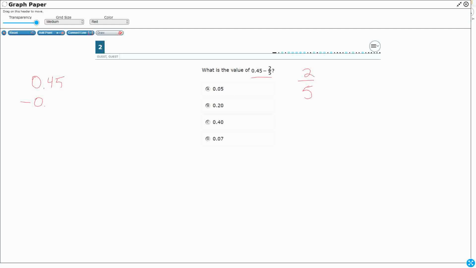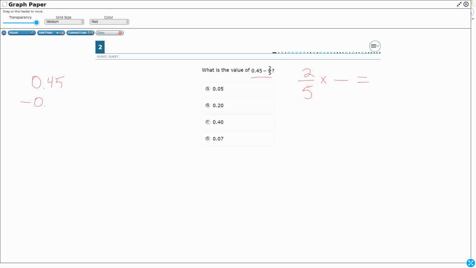If you can get into the habit, probably the quickest way to convert fractions into decimals is to look at the denominator and just think real quick. Can I multiply by anything to get to a 10, 100, or 1,000?